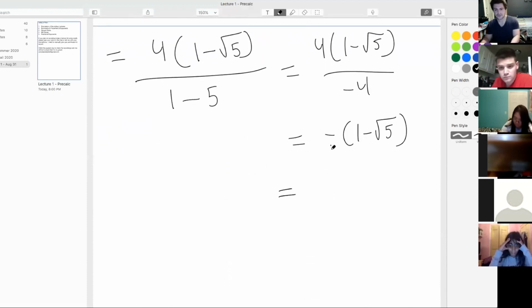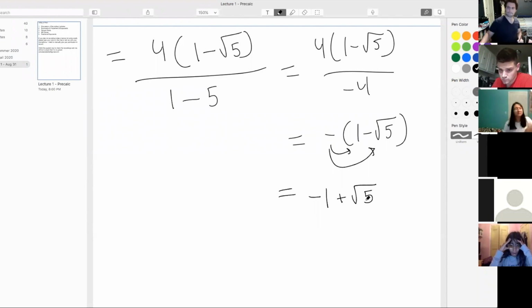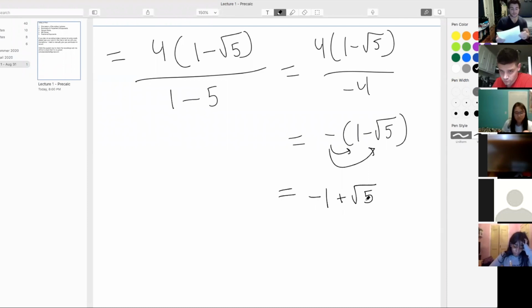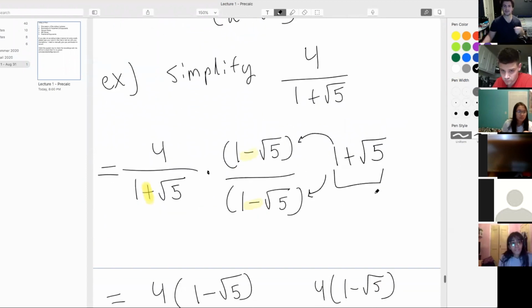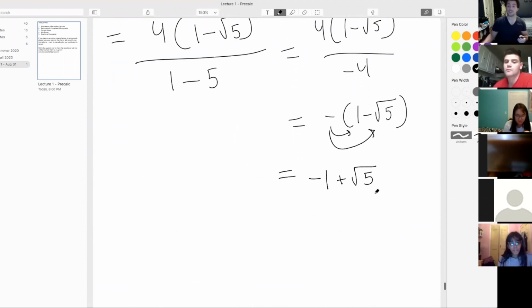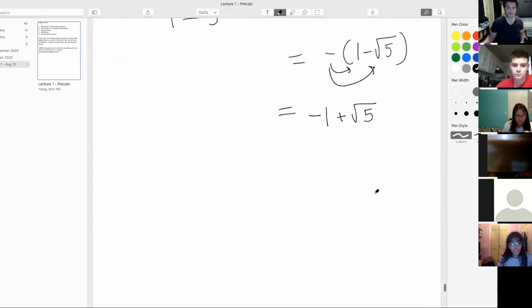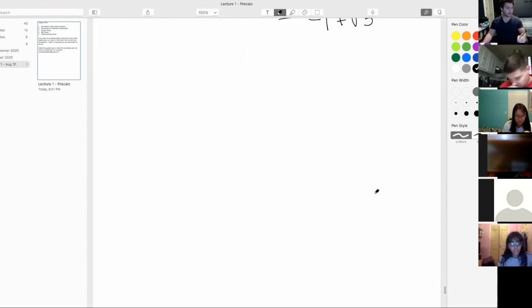You can distribute the negative 1 into this, so it'd be negative 1 plus square root of 5. That would be useful to you if you take Calc 1. So that's conjugating. There's going to be a question on the homework where you have to do this.